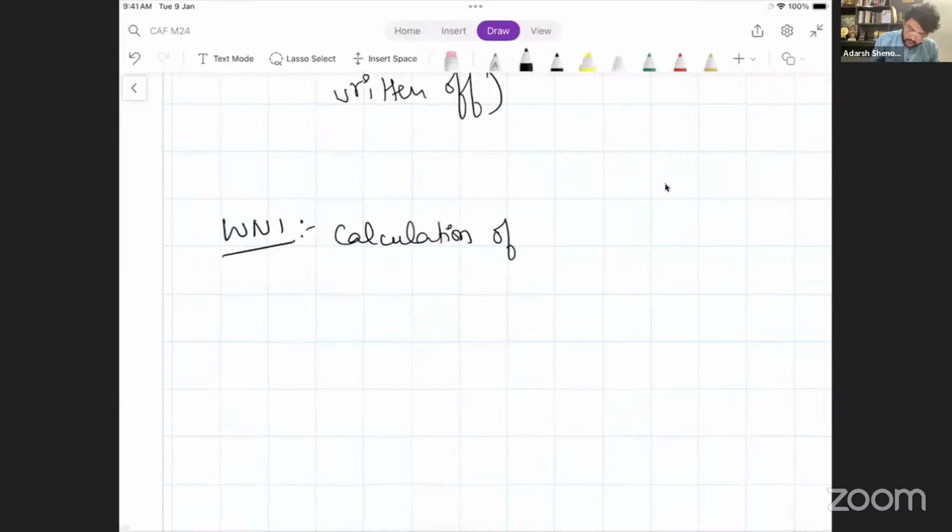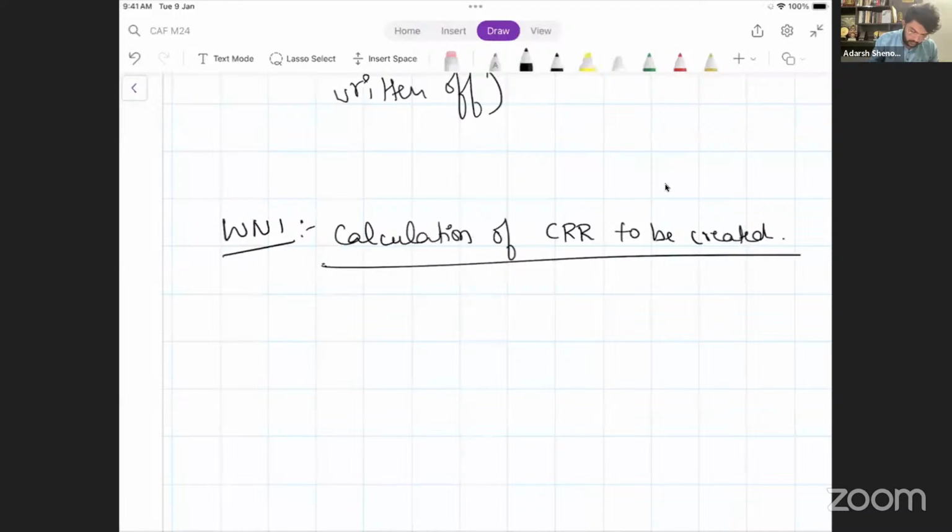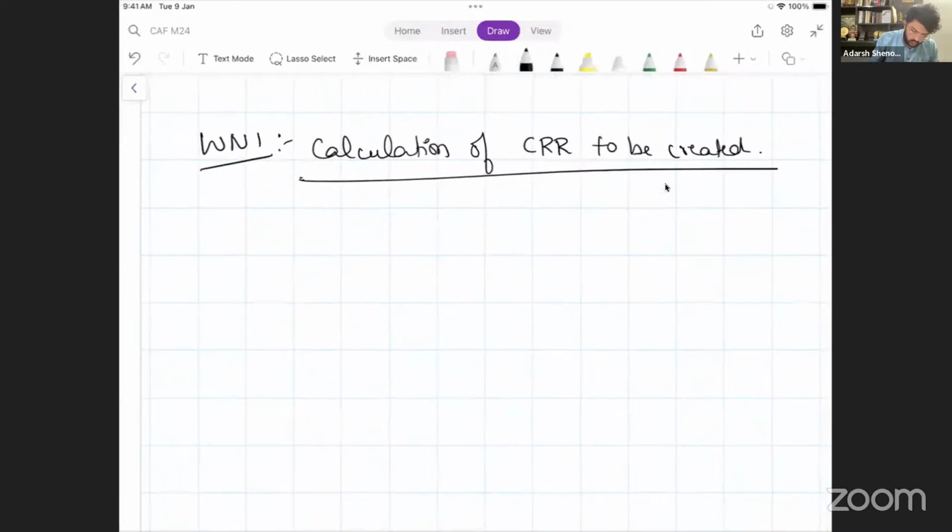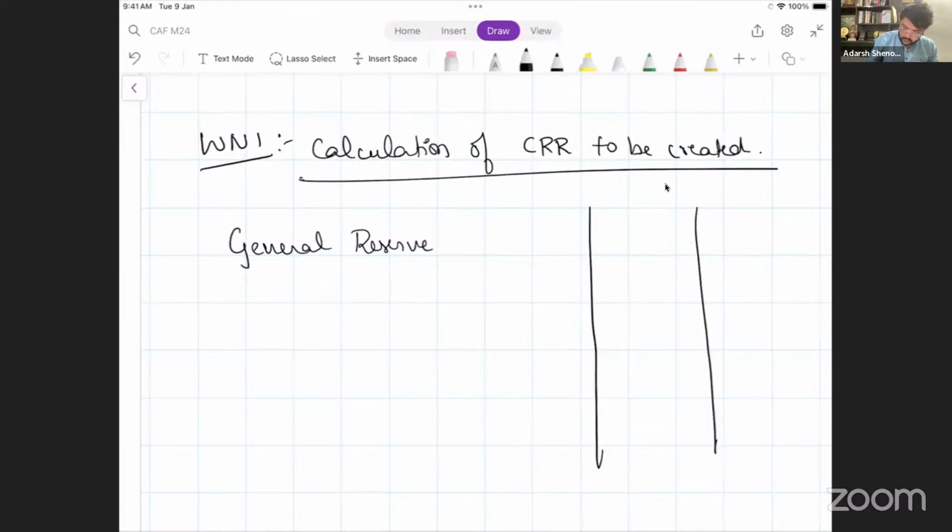Calculation of CRR to be created. Okay. General reserve. So general reserve total is 80,000.